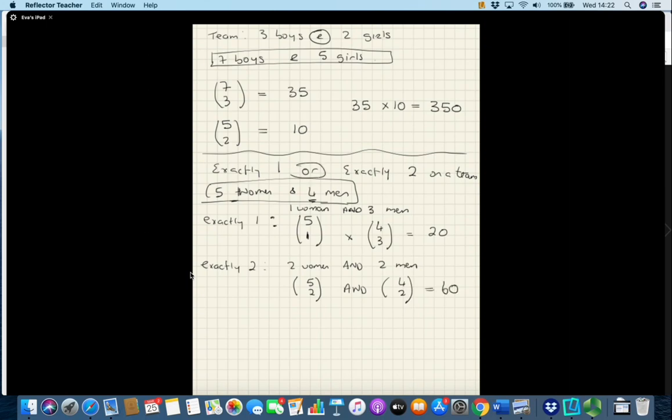Okay, now see this keyword up here? I am happy with my team if it's exactly 1 or 2 women. So 1 woman was 20 from here, 2 women was 60 from here, and that word or means I add them. So I have 80 different teams that would consist of 1 woman or 2 women.